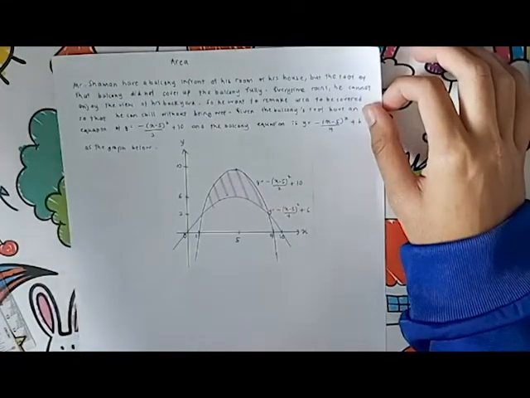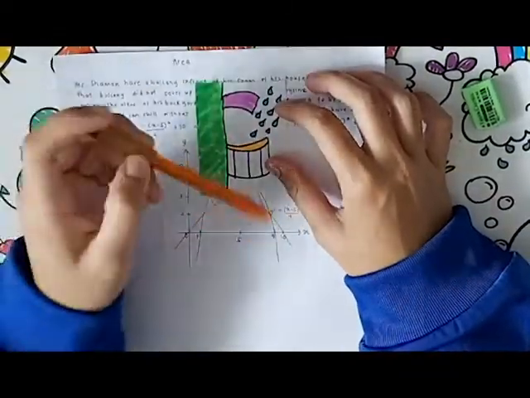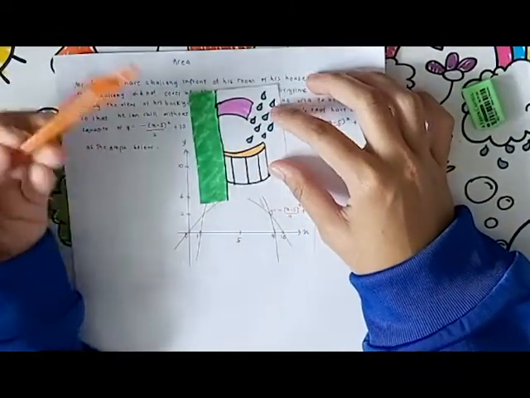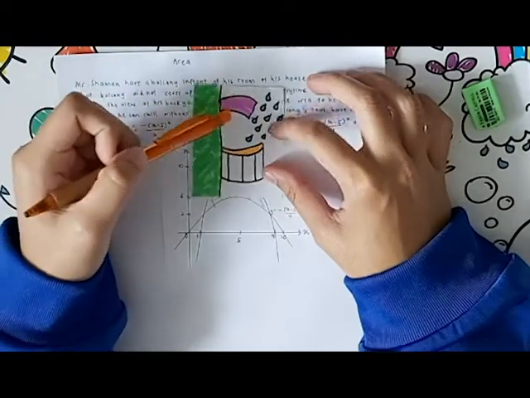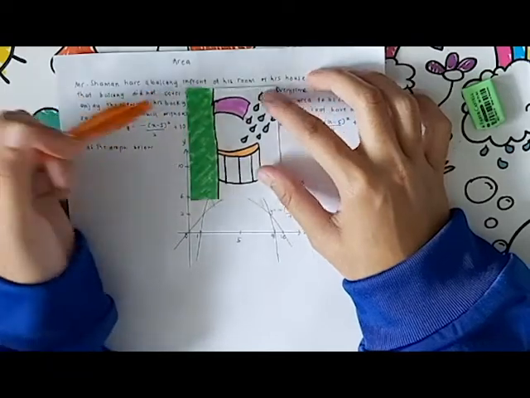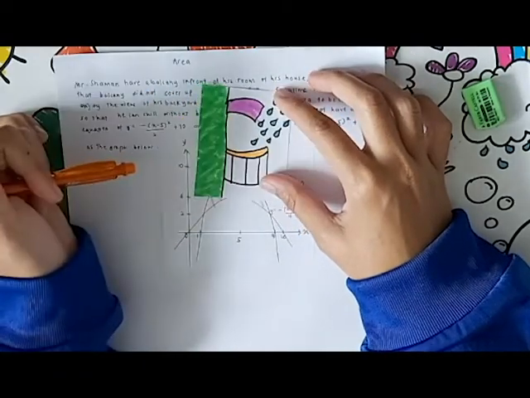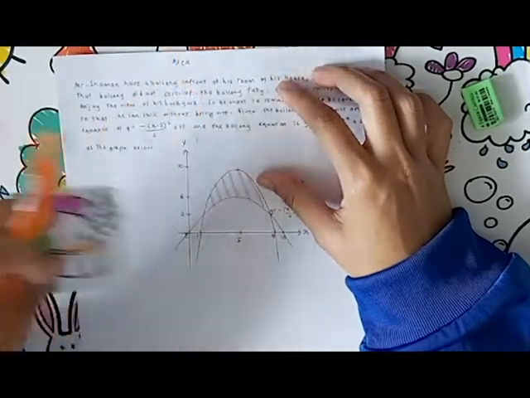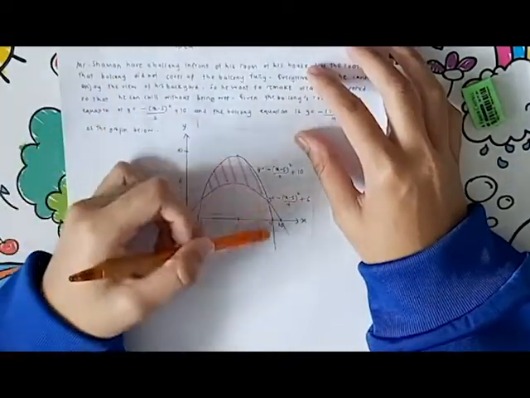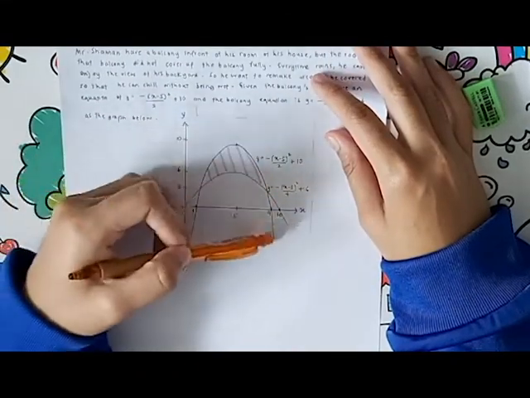So the question asks us, how can he chill at his balcony without being wet, because right now the roof of the balcony does not cover it fully. So we need to remake a new balcony for Mr. Shaman. The graph shows the shape of the region.